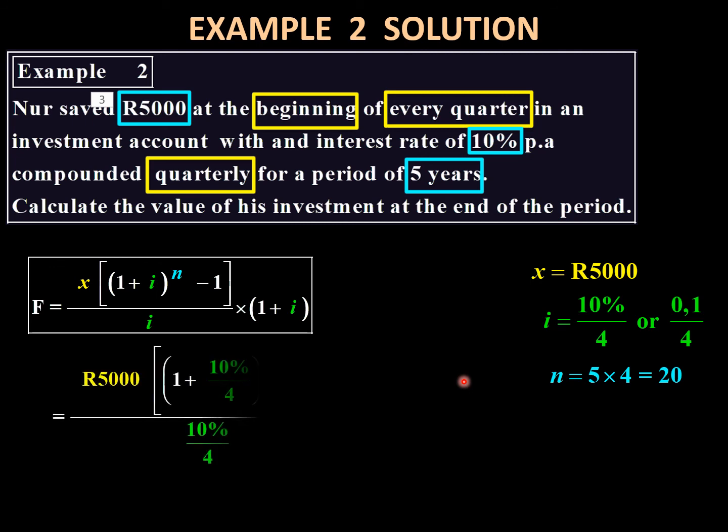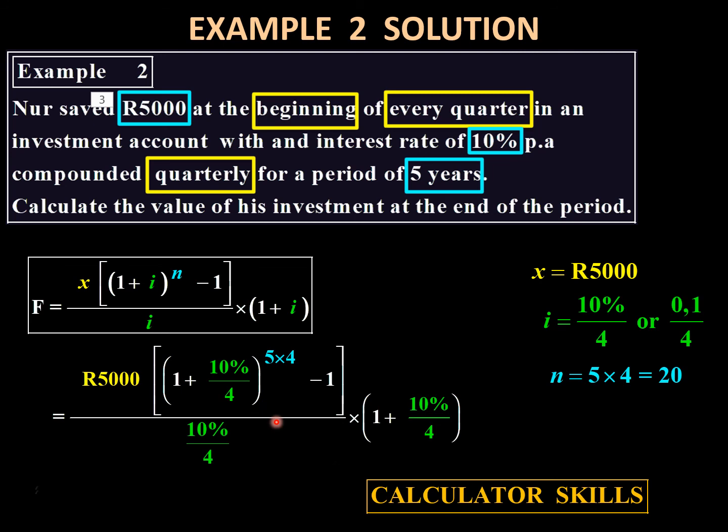If we do that substitution, the only thing left is to do our calculation. So just be careful how you enter this on your calculator. If we calculate that, this is the value that we get, 130,916 Rand and 37 cents. And I advise you, once you do this calculation, write down the answer, do it a second time and see whether you get the same answer.